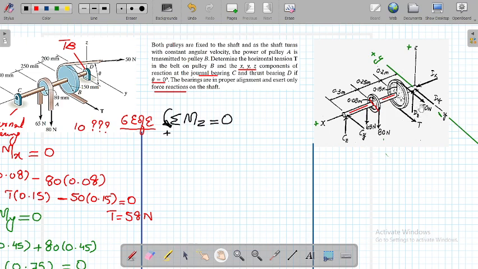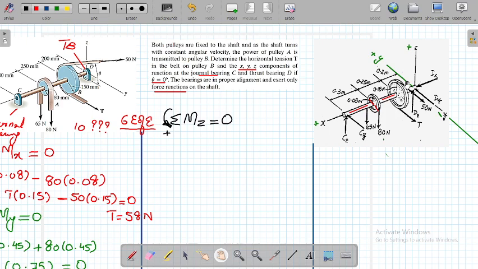The 50 Newton force and this T force have the same sense, along the negative y-axis. Because these forces are along the y-axis and the moment arm is along the x-axis, the rotation will be about the z-axis.